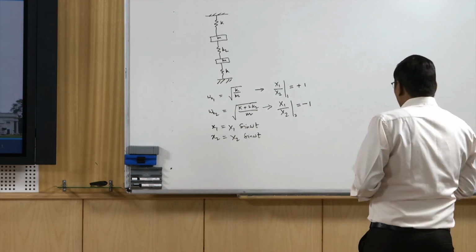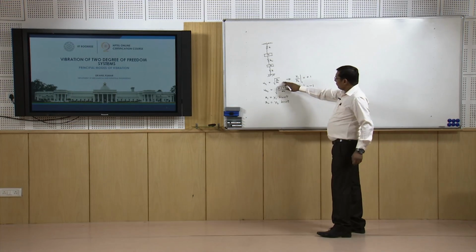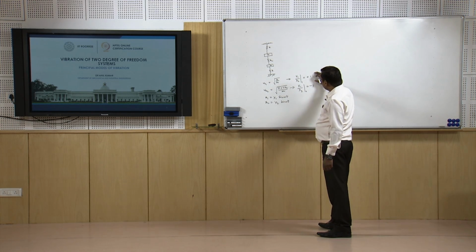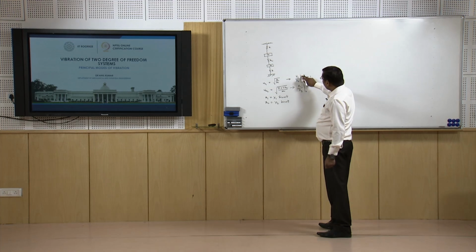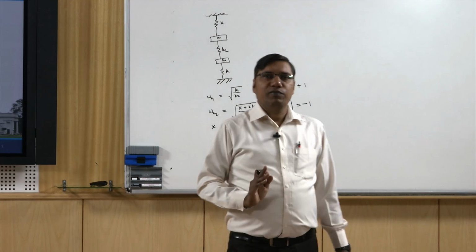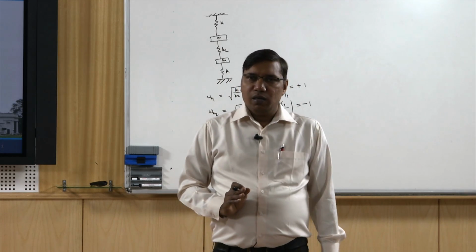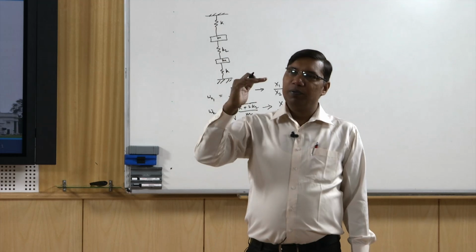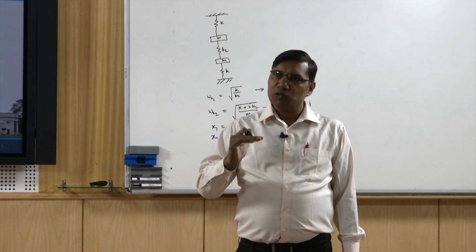And when the system is vibrating with first natural frequency, the amplitude ratio is plus 1, which means both masses have equal amplitude and they are in phase. If one mass is going up, the second mass is also going up.